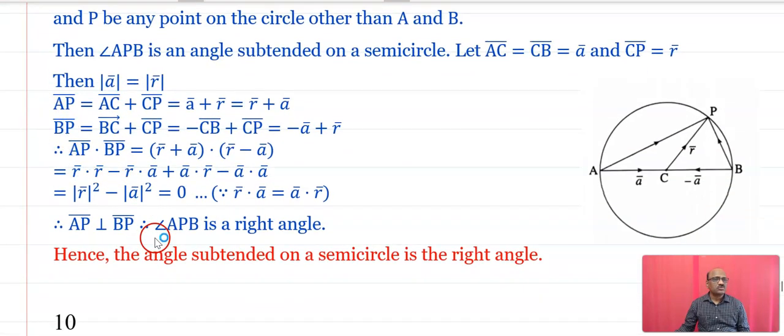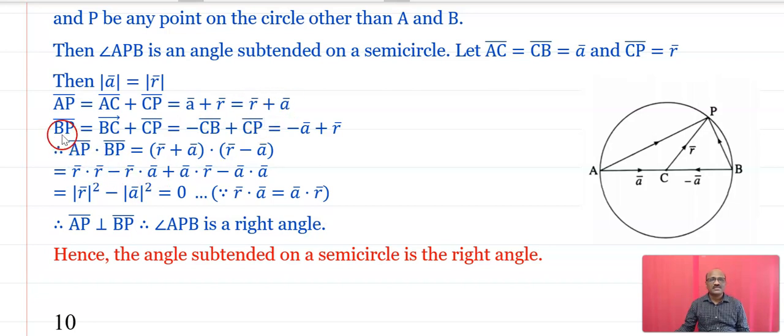Now AP bar is equal to, see here, AP bar is equal to AC bar plus CP bar. But what is the AC bar? AC bar is A bar and the CP bar is R bar. And therefore we can write it as R bar plus A bar.